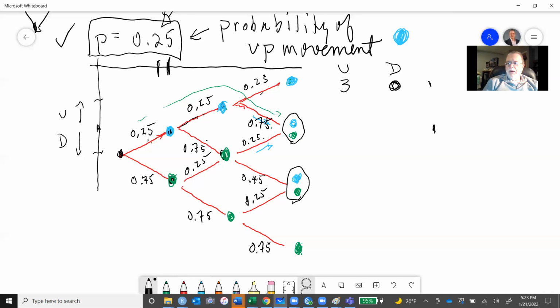Well, that's another hash mark. We could also go down, up, up. Another hash mark. 3 ways of getting there. I don't think there's any other ways of getting to this particular point. You can check that out yourself. But in every single one of those ways, it's always going to be 2 ups, 1 down. Always.